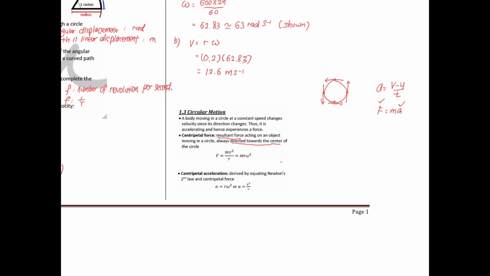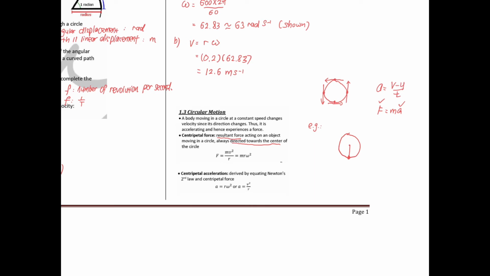So how to take it? Especially the resultant force, we have to take it this way. Let's say you have a vertical circular motion, where the object is moving in a circle and there is a string that holds the object.